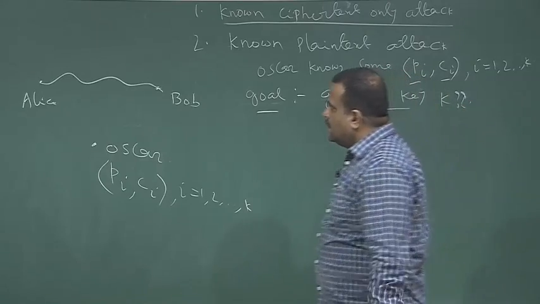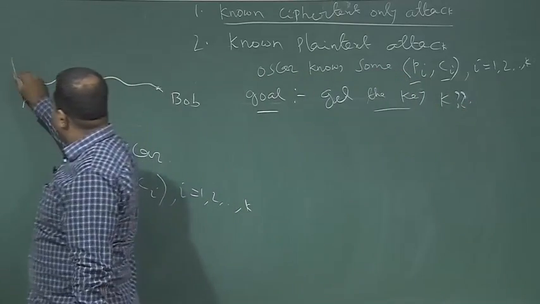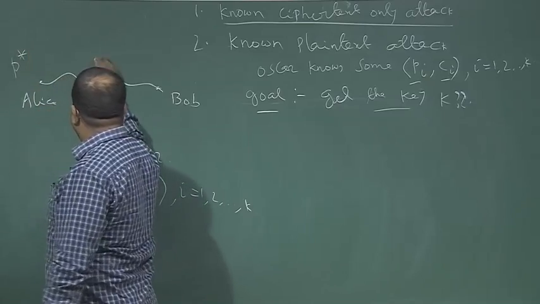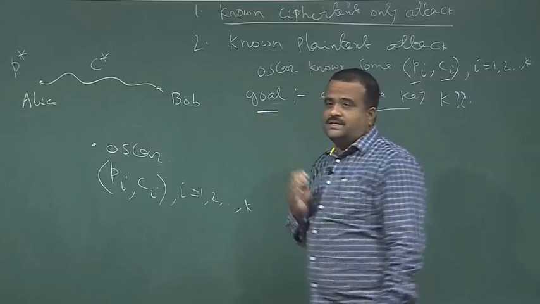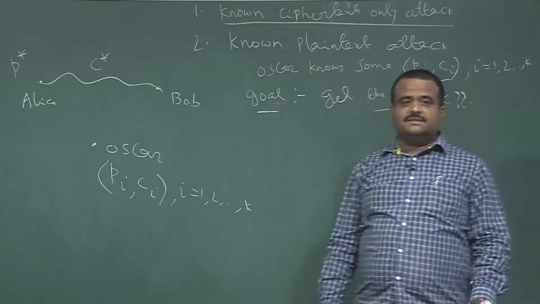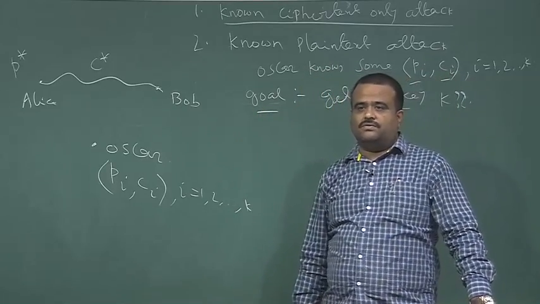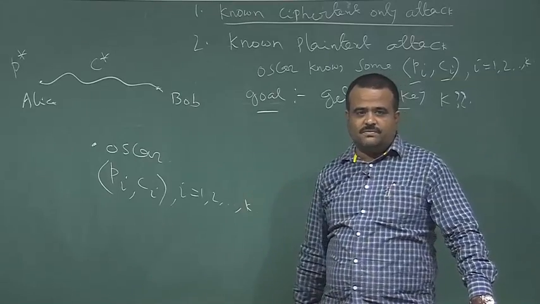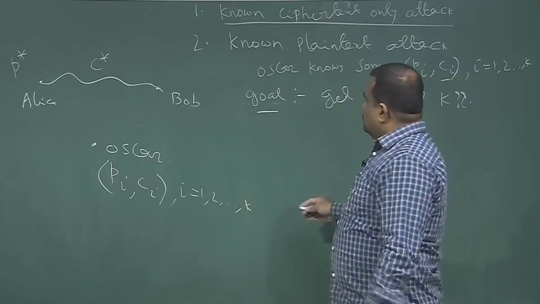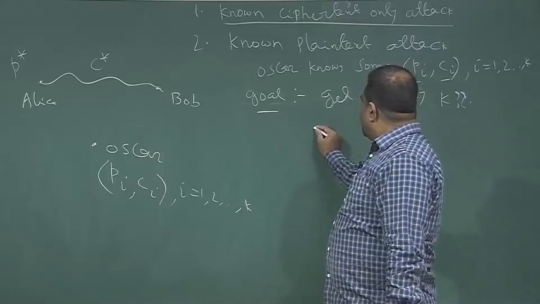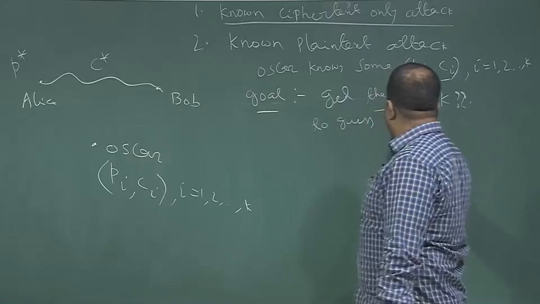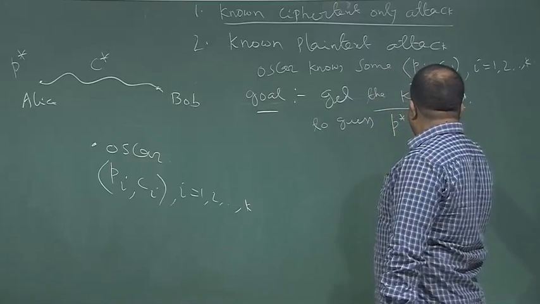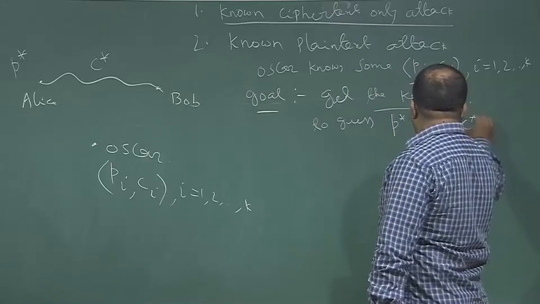and suppose Alice and Bob are now communicating this P star and corresponding C star. This is the current message they are communicating, the current message Alice wants to send to Bob. So, Alice computes C star from P star, this is the new message, or Oscar has to guess P star from C star, the new message.